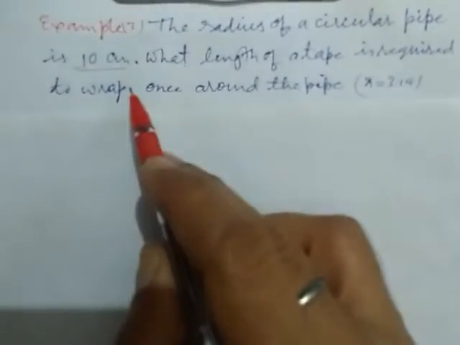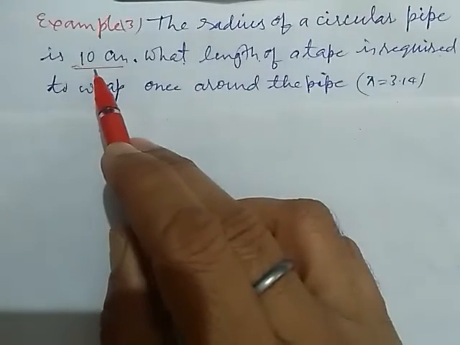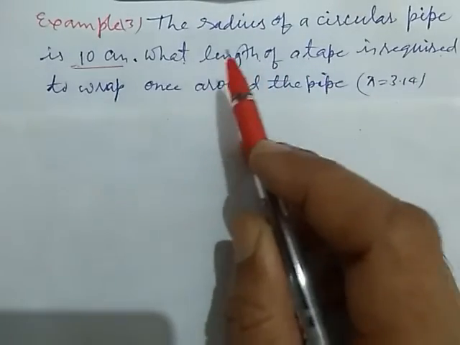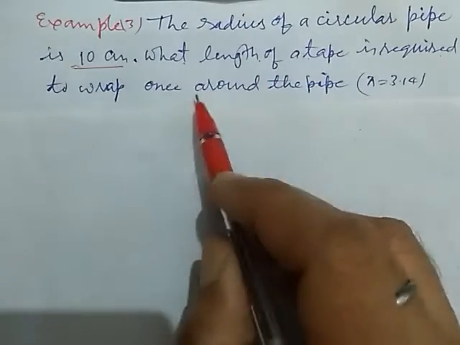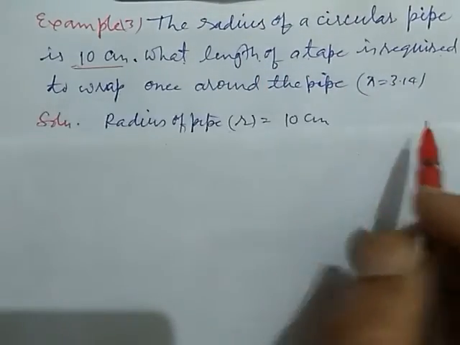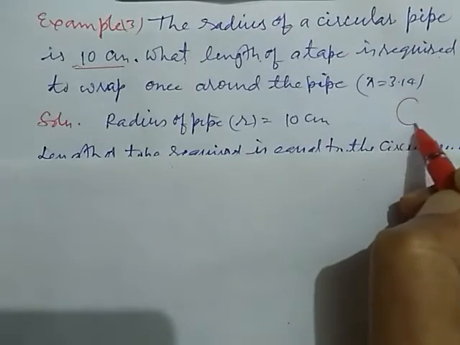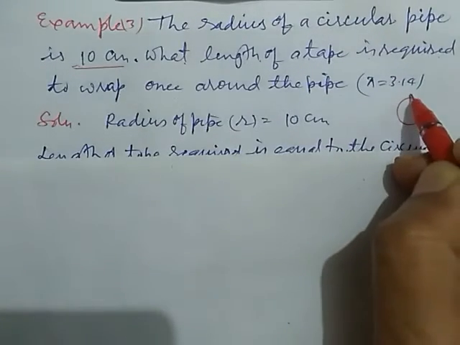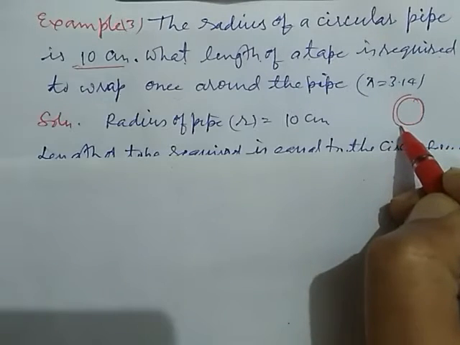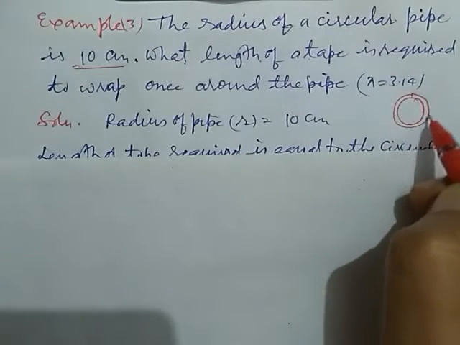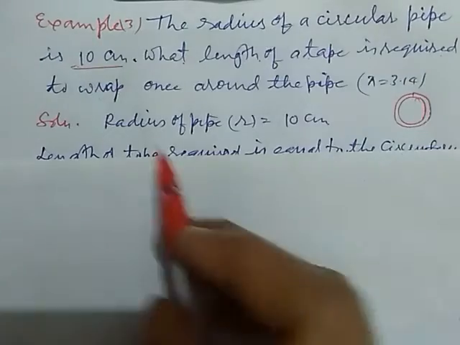What we have is the radius of the circular pipe, 10 centimeter, and a tape which is wrapped once around the pipe. So this is the pipe and we have wrapped our tape like this. So this becomes the circumference.